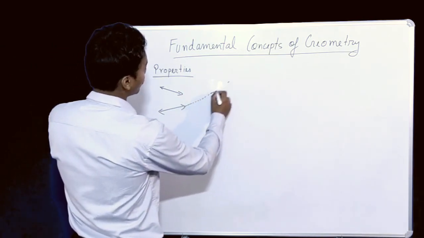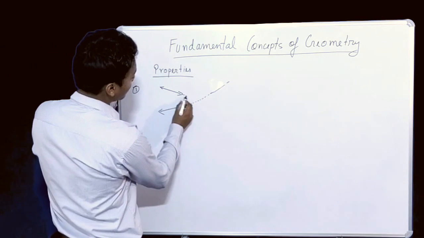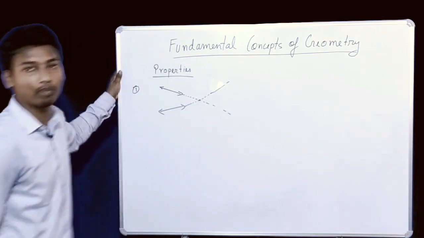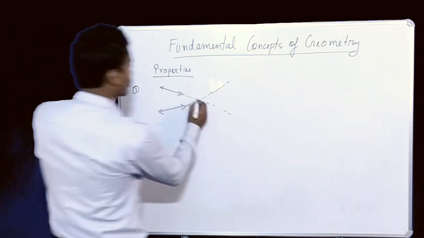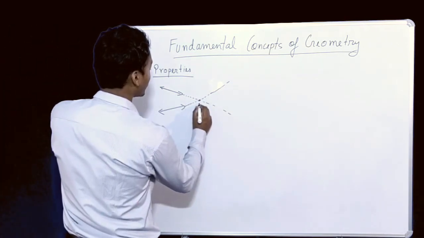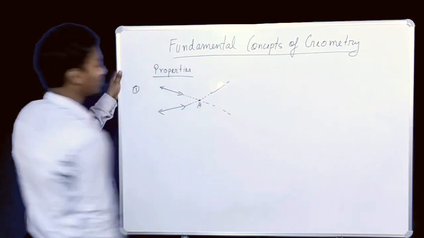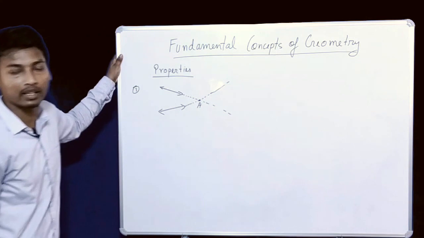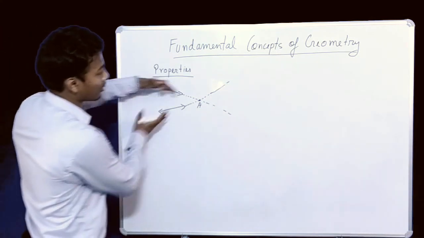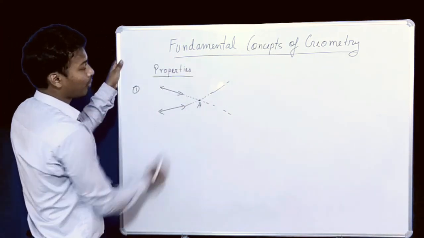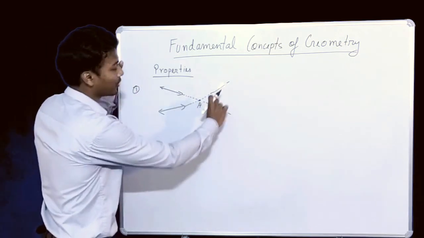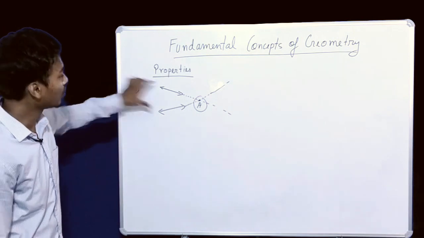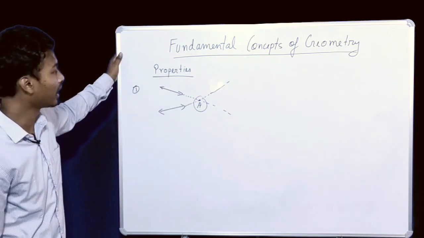If you extend this line, it will go on this side, and if you extend this line, it will go on this side. It means they will be meeting at some point or the other. So whenever you have such a point where two lines will meet, these two lines will be called intersecting lines. So although these lines are not drawn and joined at a point, you can see that if you extend them further, they will meet at a point A. So these two lines will be called intersecting lines.